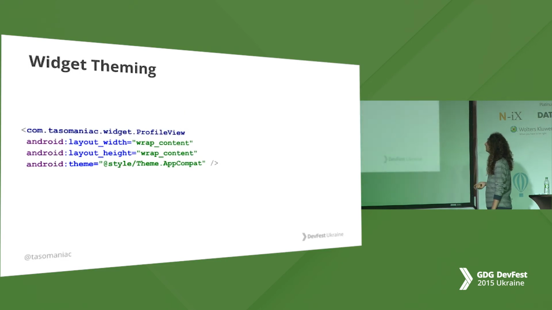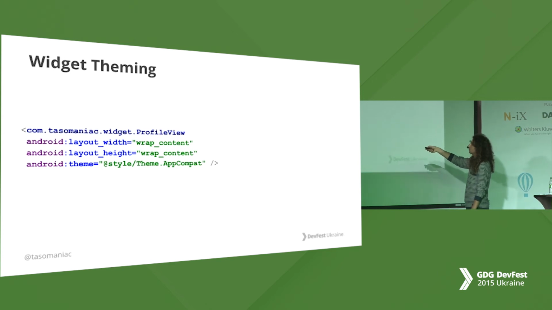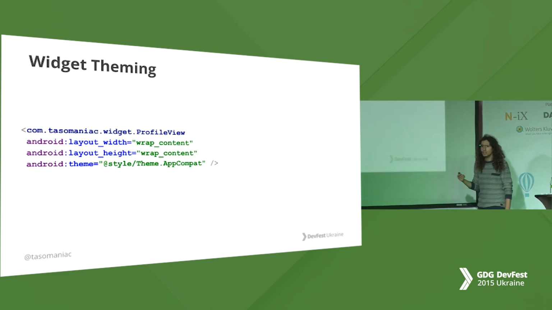Actually, imagine we have a profile view. We are using it like this in XML. You can now set the theme inside your widget. You can change the theme of your widget anywhere you want. So by default, if you don't write light here, Theme.AppCompat is actually dark.